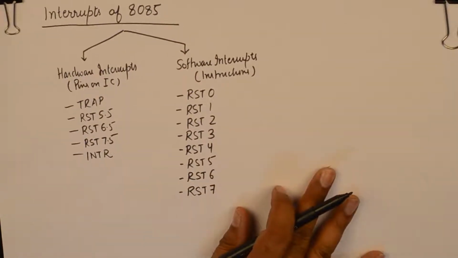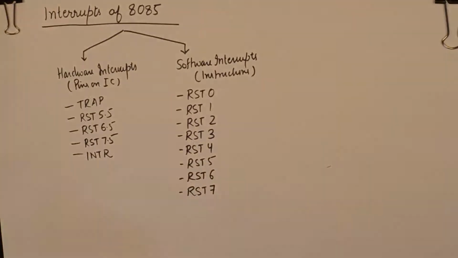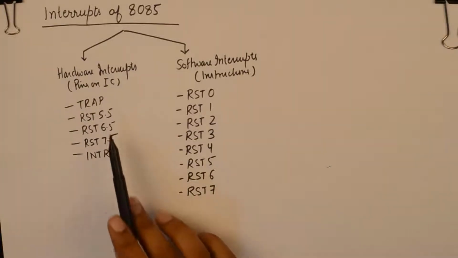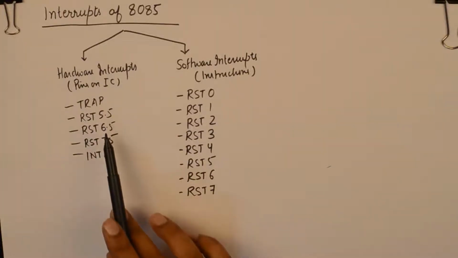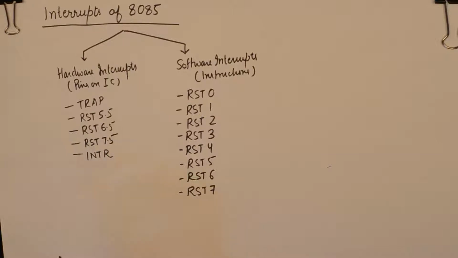Now we are aware of the fact that any signal on these pins on IC would immediately cause the microprocessor to pause its functioning and serve what is being requested on these pins.